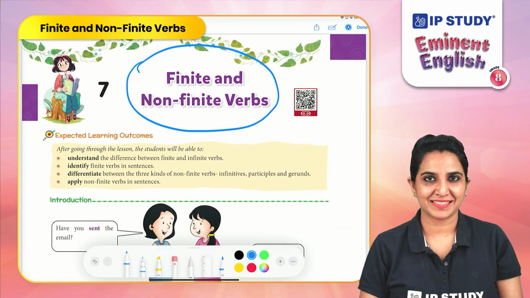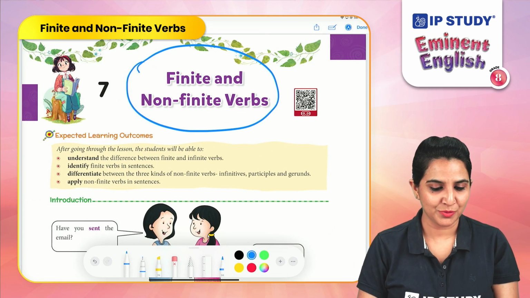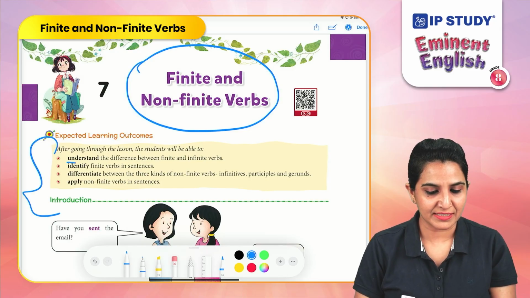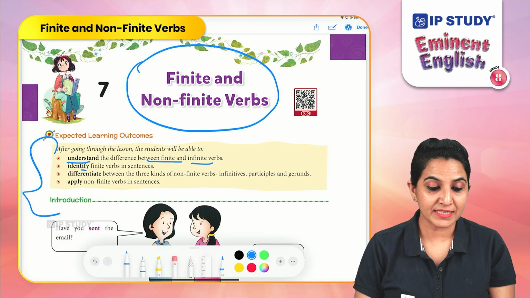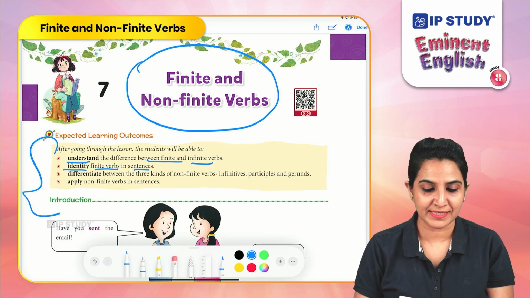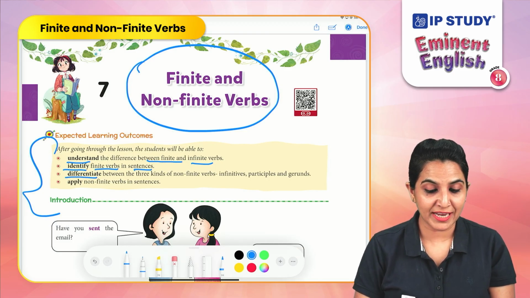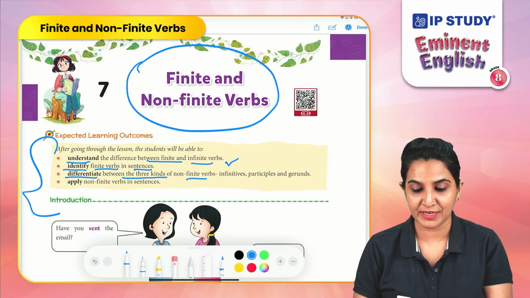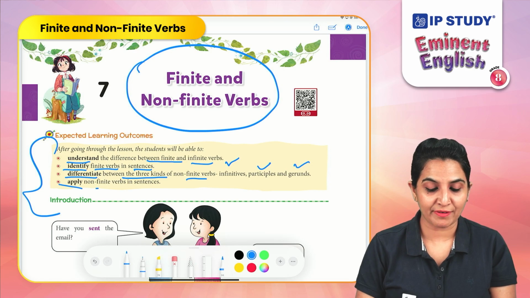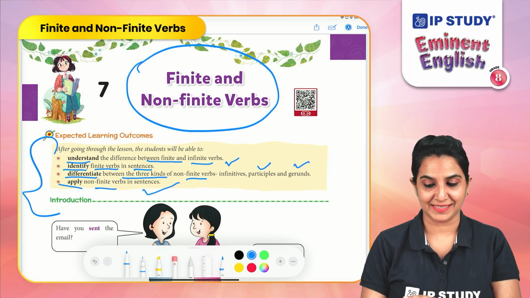Before the end of this lesson, you will be able to understand the difference between finite and non-finite verbs, identify finite verbs in sentences, differentiate between three kinds of non-finite verbs: infinitives, participles, and gerunds, and apply non-finite verbs in sentences.